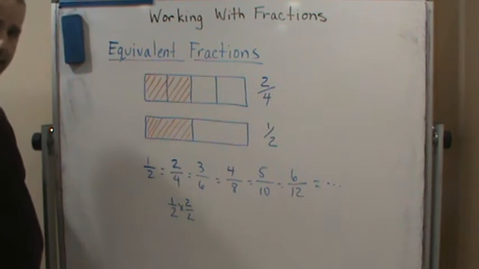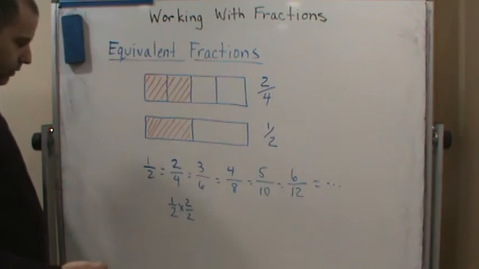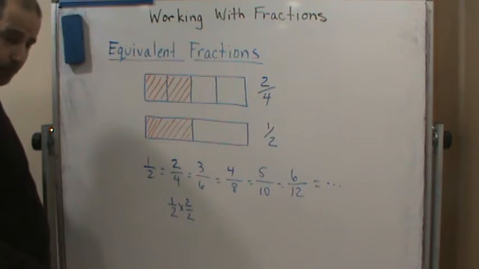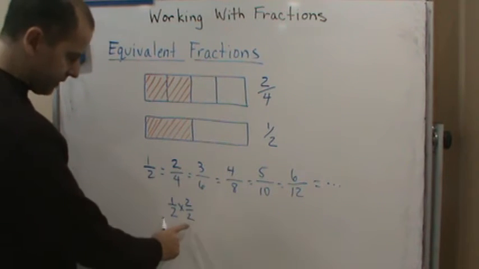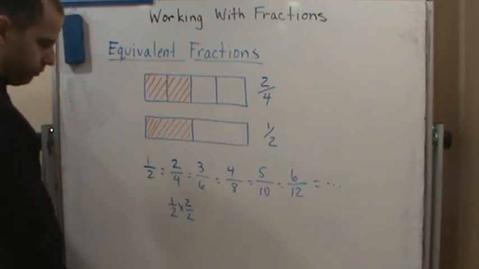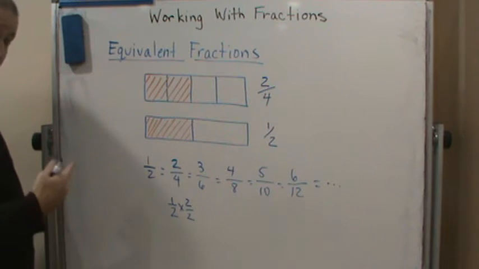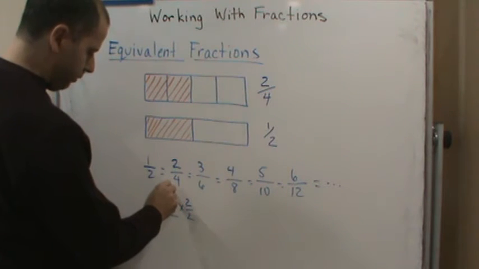And isn't 1 times any number the same number? So this tells you that, hey, these are the same, right? Because when you multiply a number by 1, in this case a form of 1, you're not changing the number. Hence, they're equivalent.